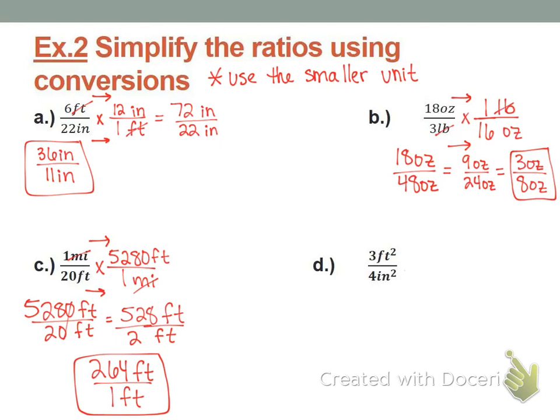So our first time around, if we take 12 inches over 1 foot, that's only going to cancel out the feet with the squared, and this will still have feet on it, which means we have to do it again. 12 inches over another 1 foot. Now, I'll change colors to show it. Now these feet will cancel each other out.